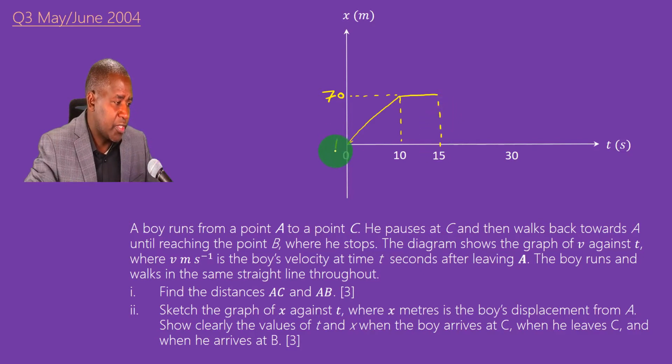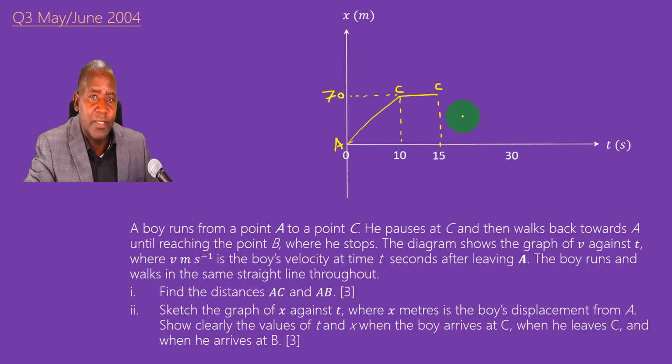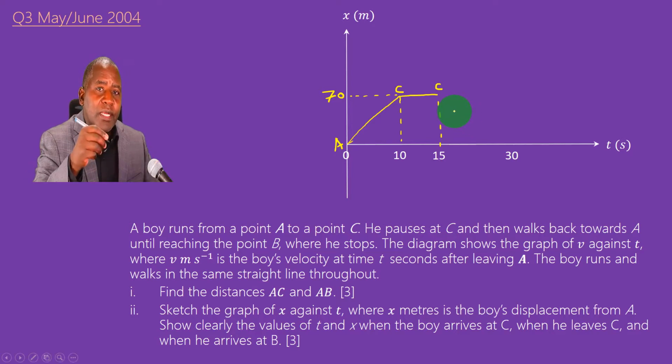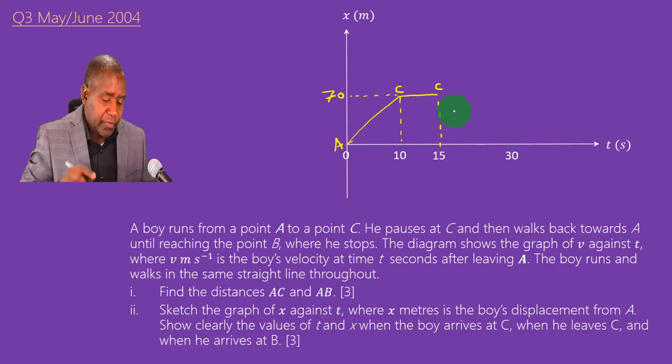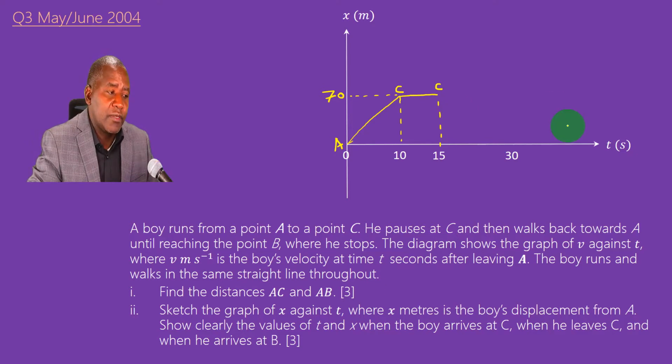So this point A to point C remains at point C and then runs back or moves back. When he is moving back, the velocity will have a negative sign, but it is uniform. He comes back in the next 15 seconds.